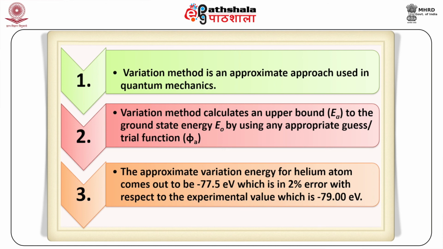The success rate of variation method depends on the choice of appropriate guess function. We then applied this approach to calculate approximate energy for helium atom. We obtained the approximate variation energy for helium atom as minus 77.5 electron volt, which is in 2% error with respect to experimental value, that is minus 79.00 electron volt.